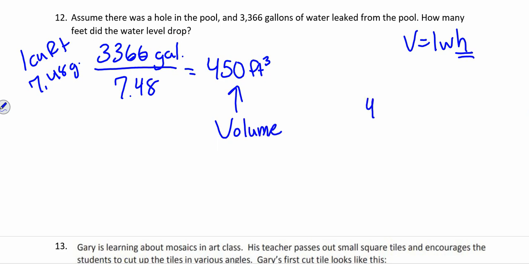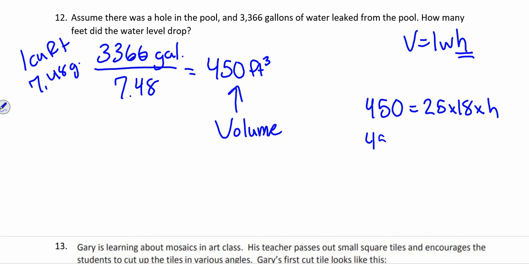So I've got 450 cubic feet equals 25 times 18 times an unknown height. I do not know H. So that means I have to solve for H. So all we're going to do is multiply 25 times 18.